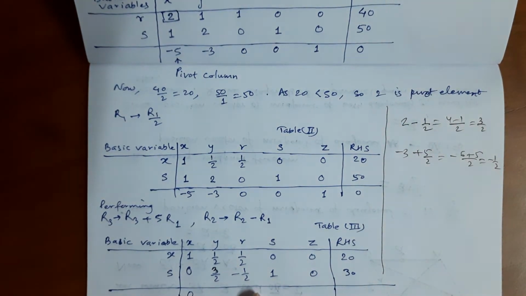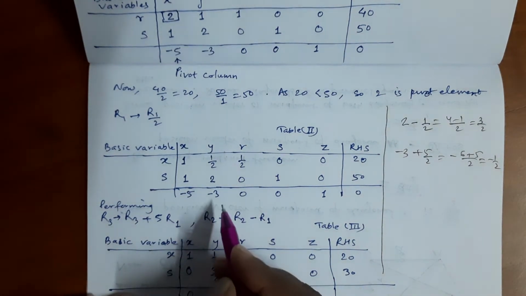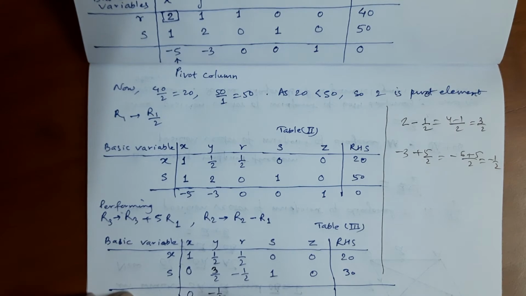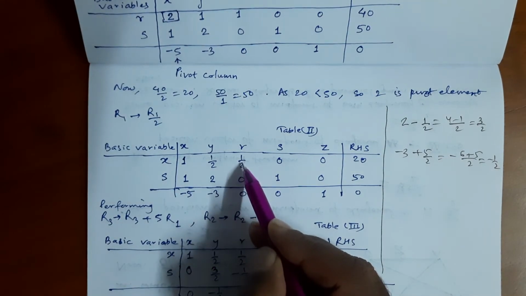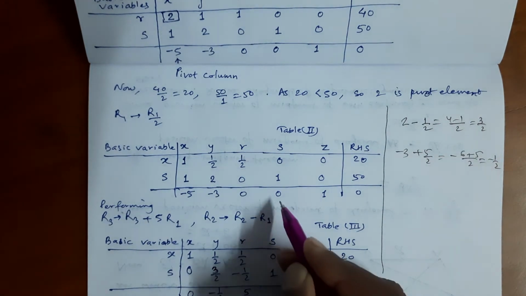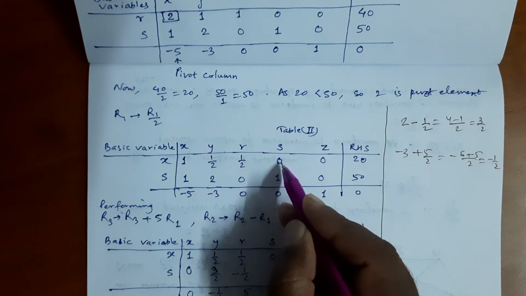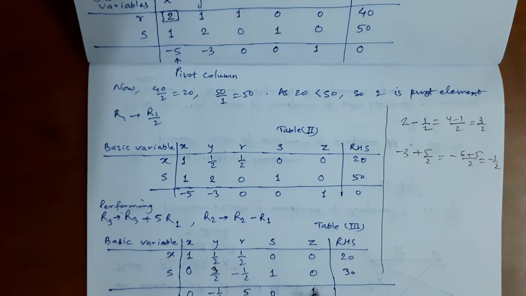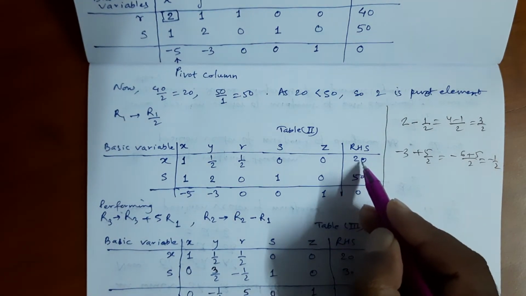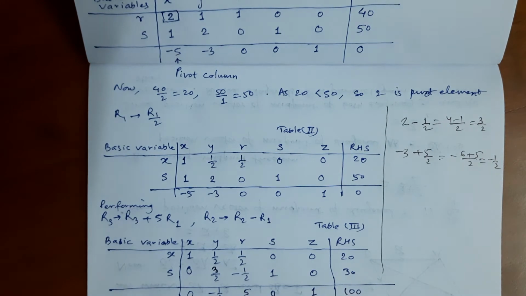So here we have minus 1 over 2, and here 0 plus 5 over 2, that is 5 over 2, and 0 plus 5 times 0, that will be 0 again. Here 1 plus 5 times 0, that will be 1 again, and 0 plus 5 times 20, that will be 100 here. Okay, so we have these values in the bottom row.